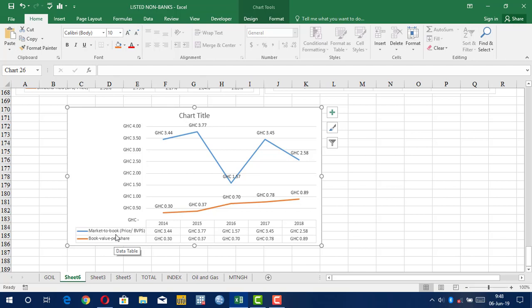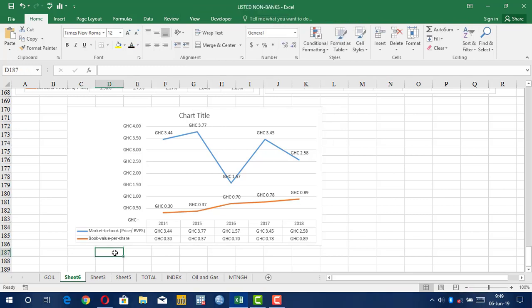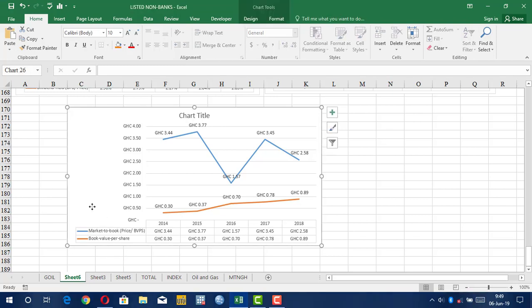There's a likelihood that the company can be taken over by another company, or the company is going bankrupt. So investors wouldn't want to wait to see it fall below the book value per share. That is, the market price won't fall below that.